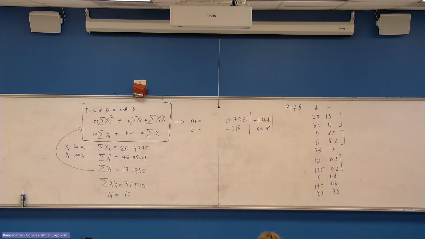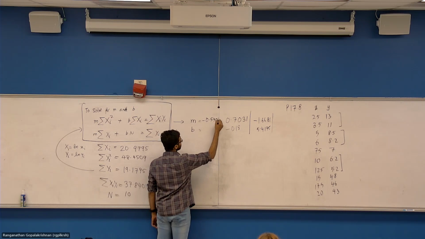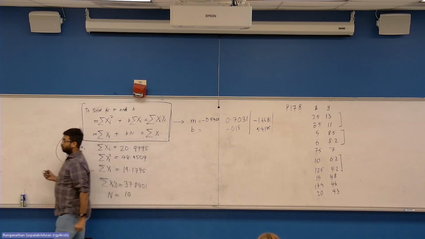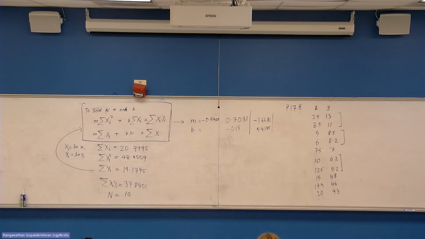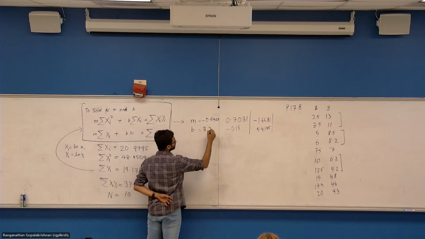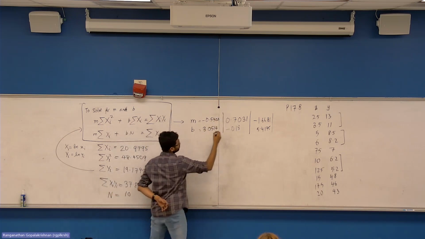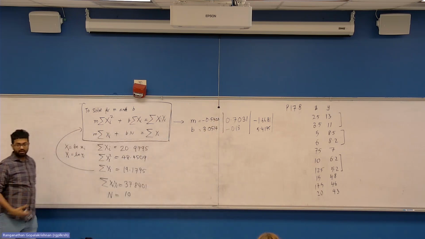So my Excel says the value of M is minus 0.5403 and the value of B is 3.0514. That is, I didn't do it, Excel did.